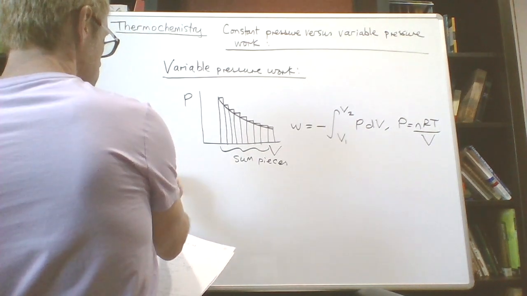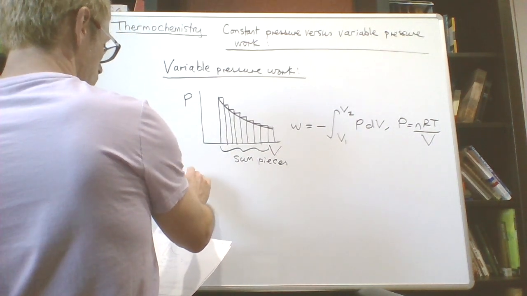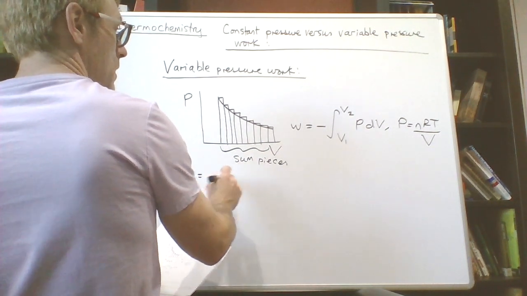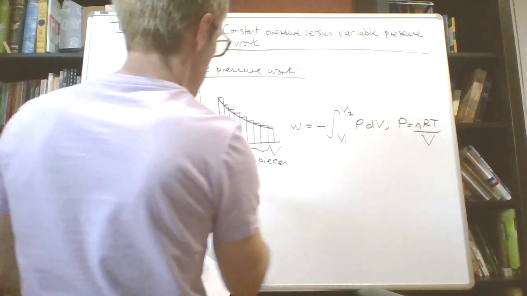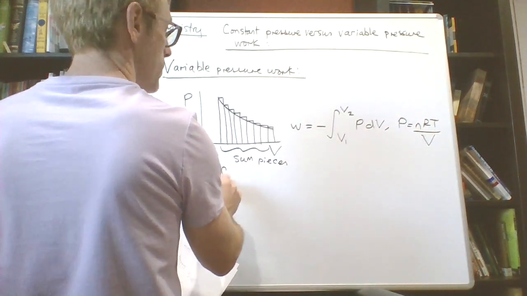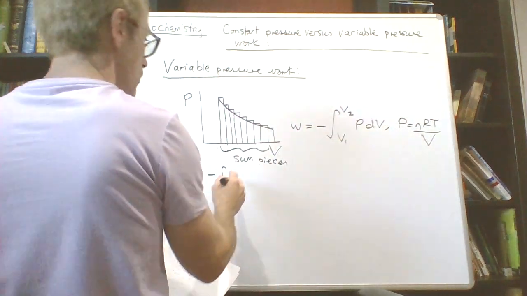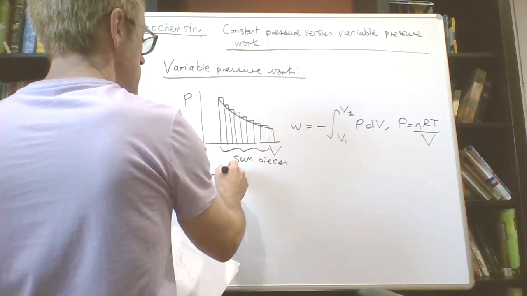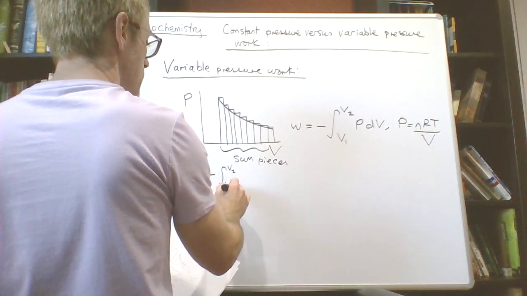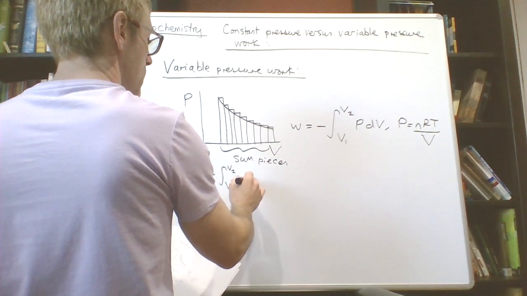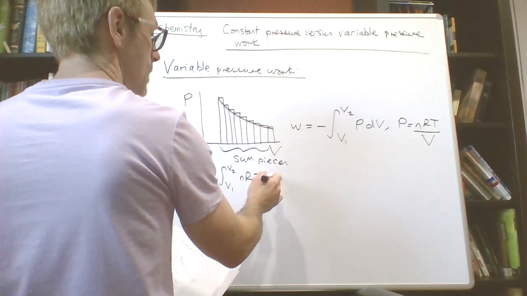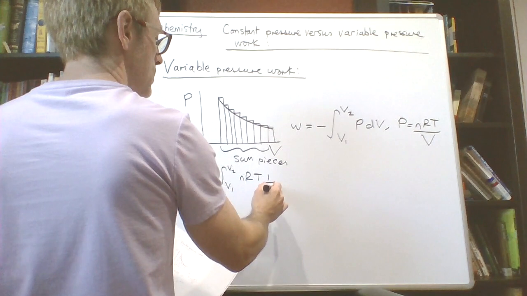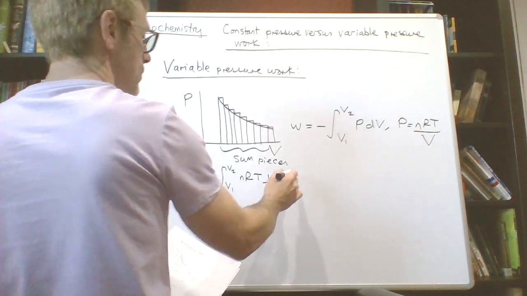So this implies that work, if we now replace P with nRT over V, is minus the sum between a final volume and an initial volume of nRT, 1 over V, dV.